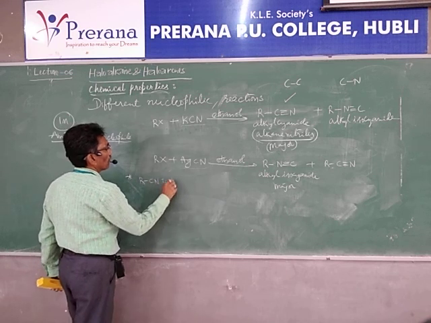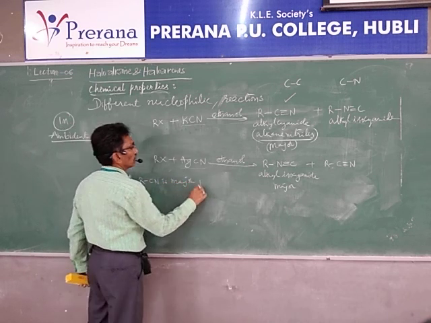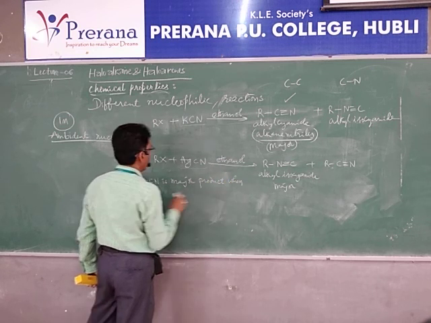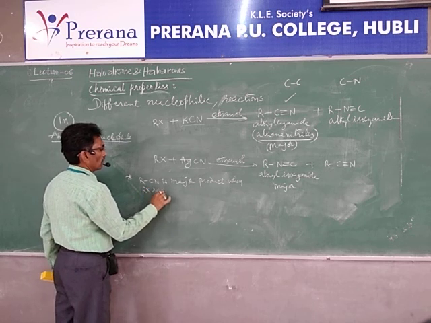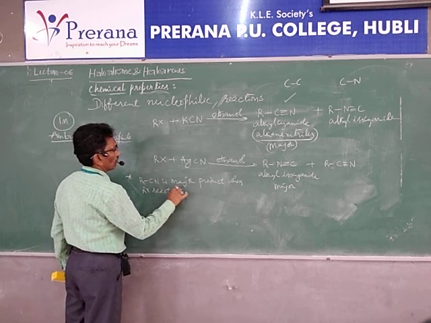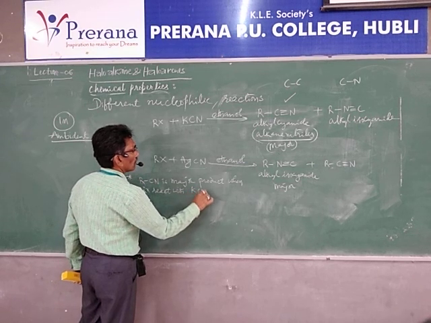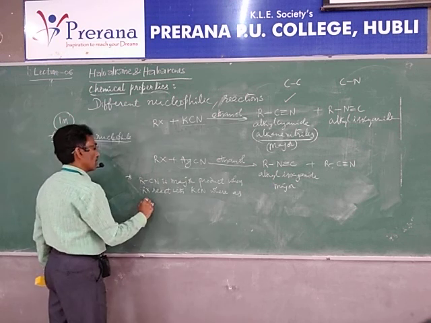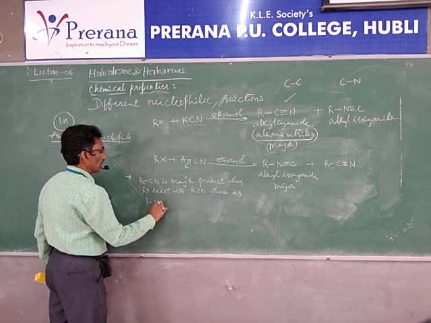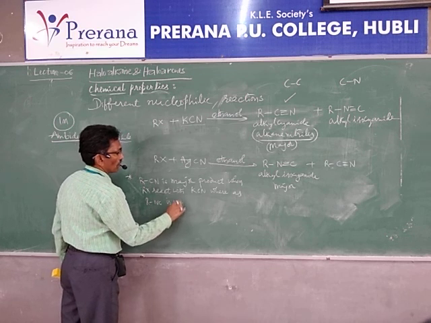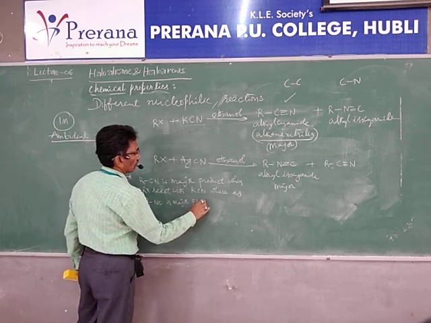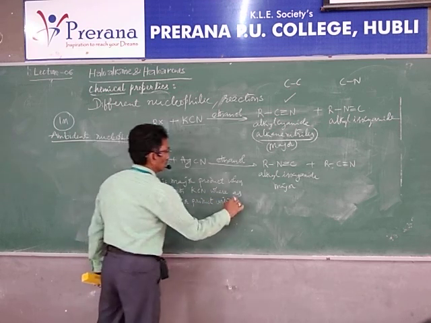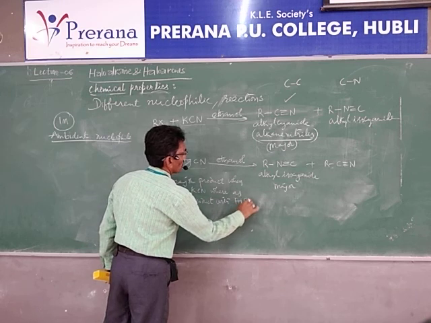RCN is the major product when RX reacts with KCN, whereas RNC is the major product with AgCN. What is the reason?